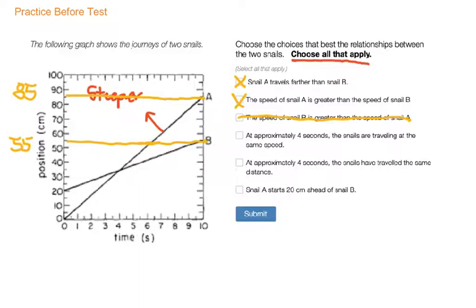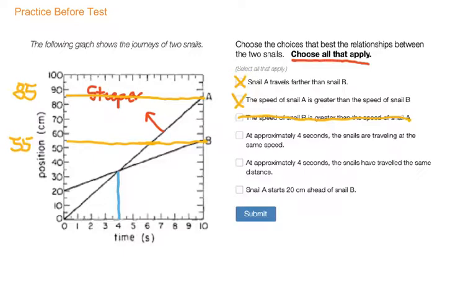The next one says at approximately 4 seconds, the snails are traveling at the same speed. I'm going to change my color and go to 4 seconds right here. I'm going to go up, and I want to know, are they traveling at the same speed?